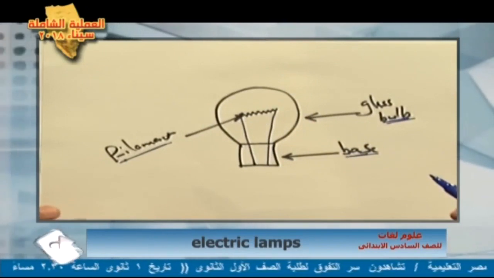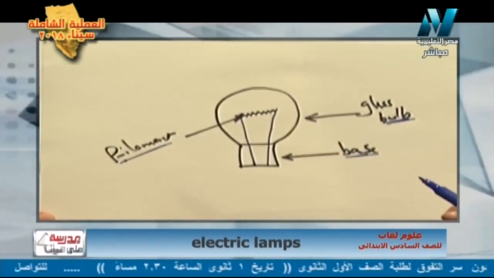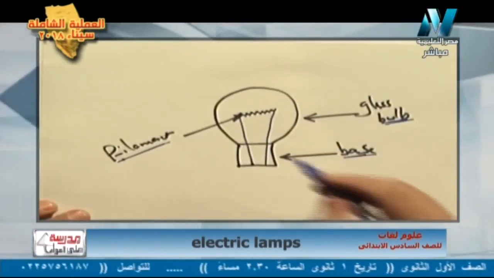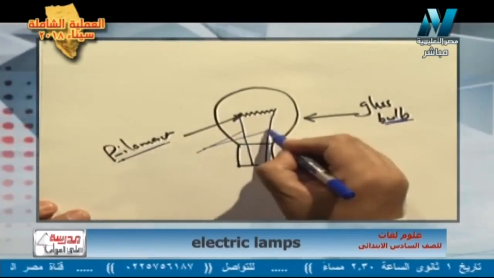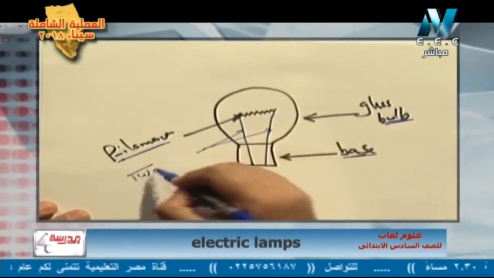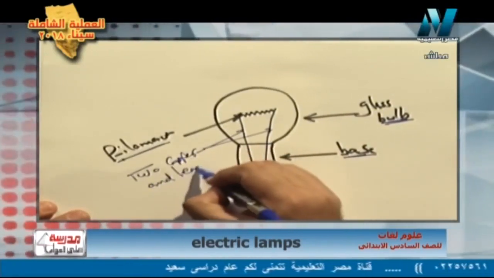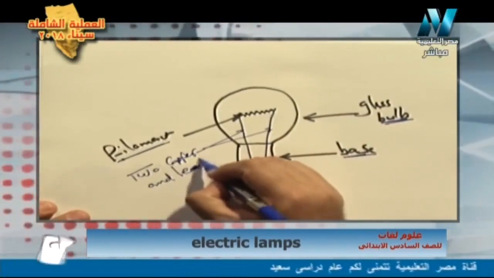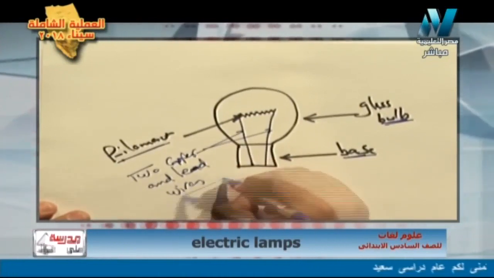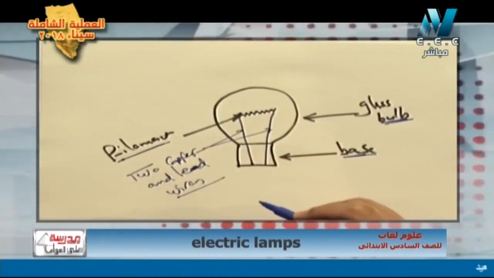The filament is hanged or is carried up by two copper and lead wires. يبقى في سلكين بنسميهم two copper and lead wires. هما سلكين من الرصاص والكوبر أو النحاس في نفس الوقت.